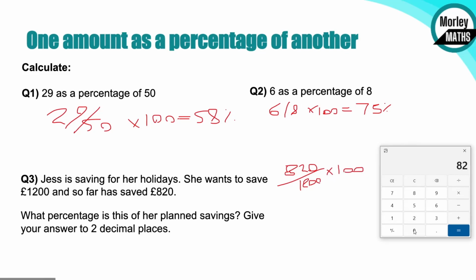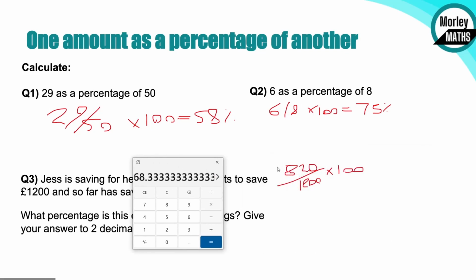That gives us an answer of 68.33333, so 68.3 recurring.